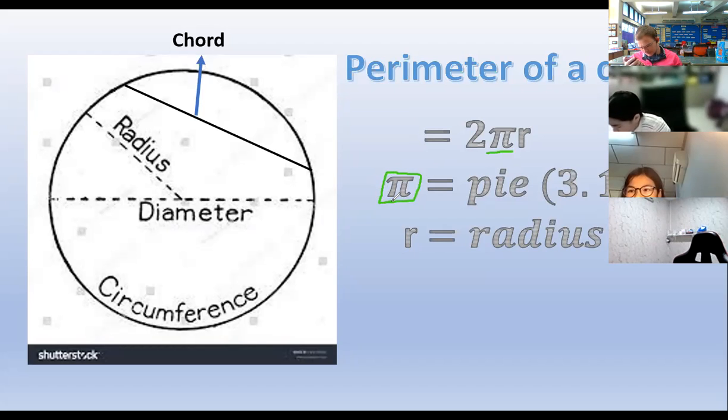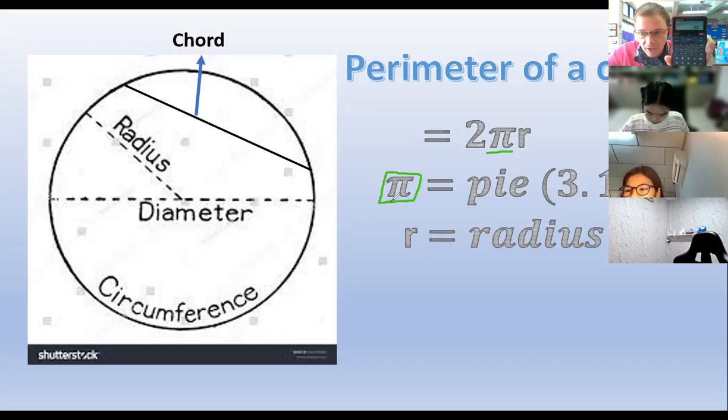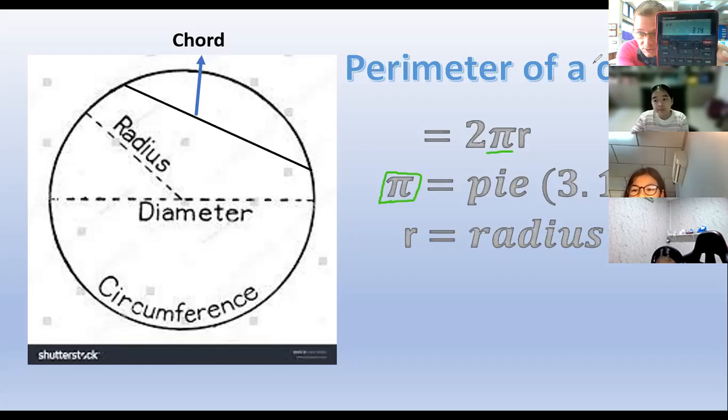Let me quickly see if I can find pi on this calculator. So yeah. If you use this calculator over here and you press pi and you press equals, you get 3.14.